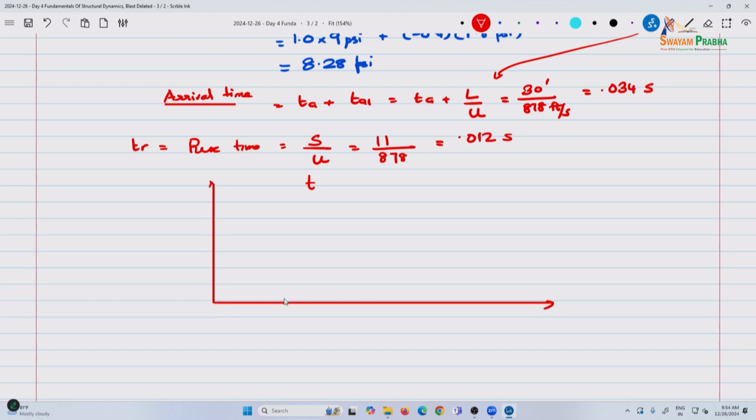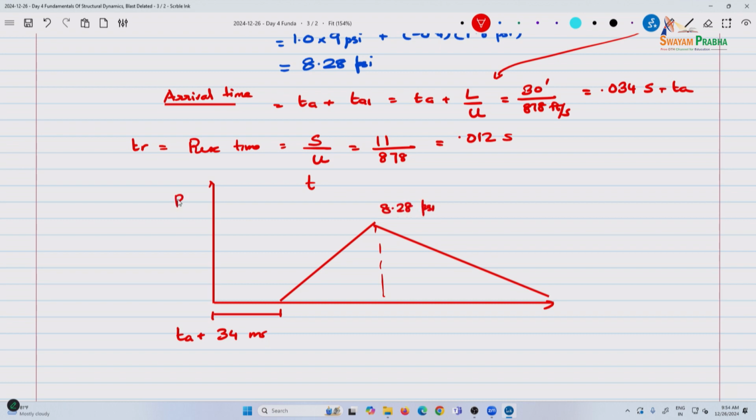Again, it's going to be very similar. So that value is TA plus 0.034 or 34 milliseconds, let's say. For design, the later part matters, 8.28.